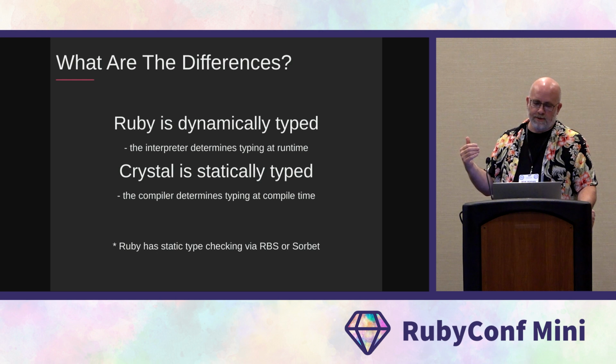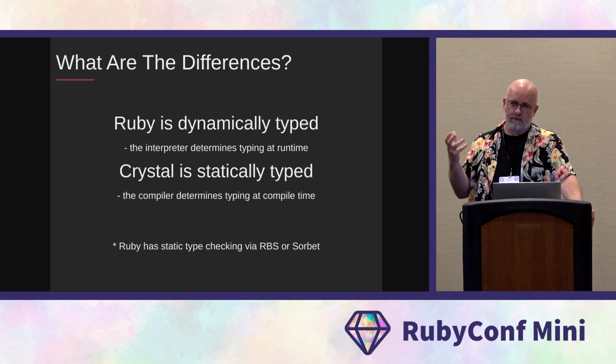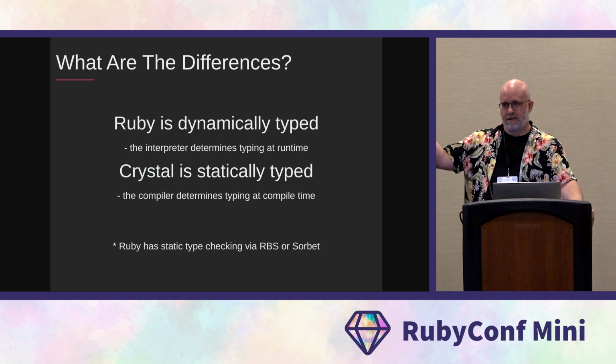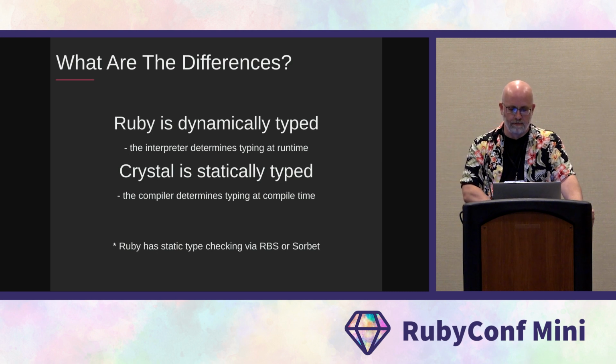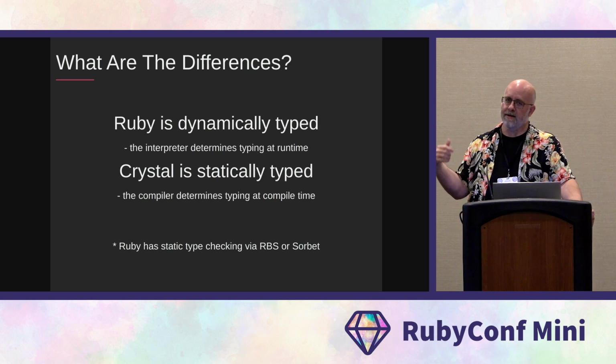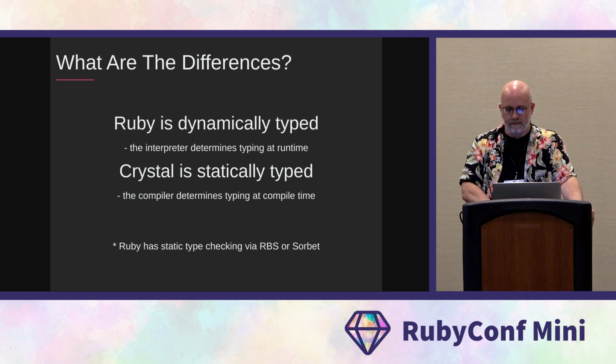Crystal is statically type checked, which means that when the compiler builds the software, it checks before it ever builds the executable to make sure that all of the types make sense and match the way they're supposed to. And like I mentioned before, Ruby does have static type checking with RBS or Sorbet, but it is not directly integrated into the language. It's kind of a bolt-on, so it's a little bit different.